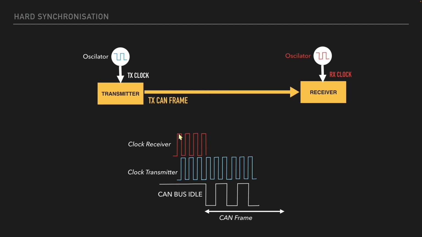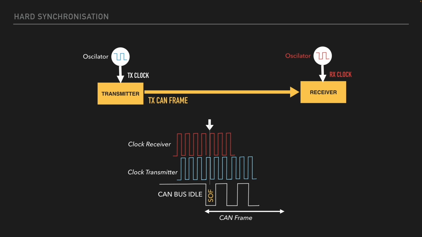And the red clock that we see here, which is out of phase with the blue one, is the clock right here. And it's the receiver that will use the receive clock to clock in the data bits of the CAN frame. But right now, the CAN bus is still idle, and these clocks are running non-synchronized from each other.